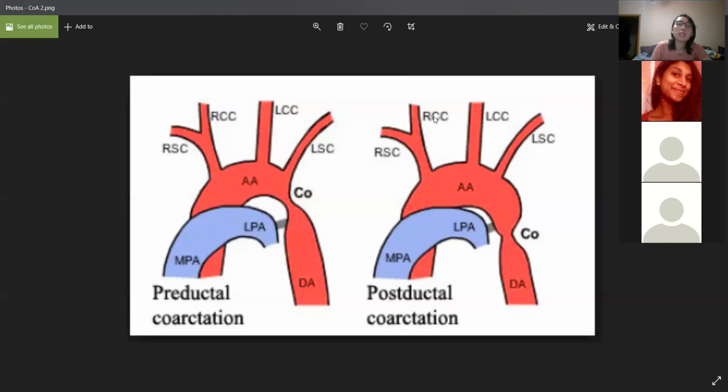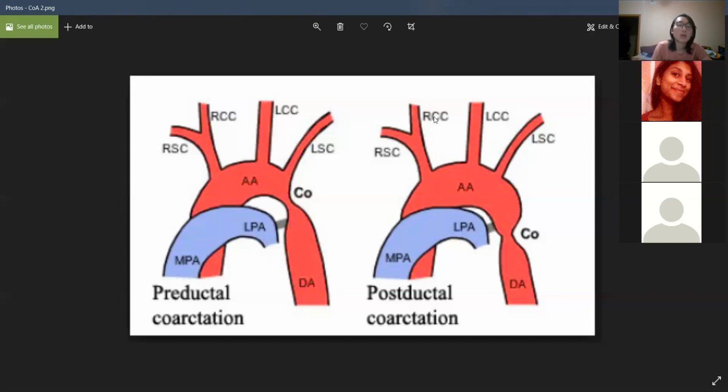What plays into the etiology of hypertension in coarctation of aorta is not just the mechanical side of the development of the disease. What I mean is not just the narrowing of the aorta, but also this neurohumoral influence, which includes your angiotensin, aldosterone system.